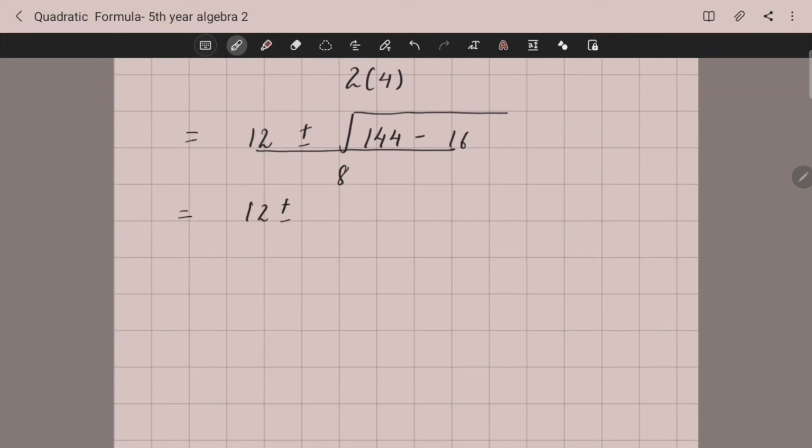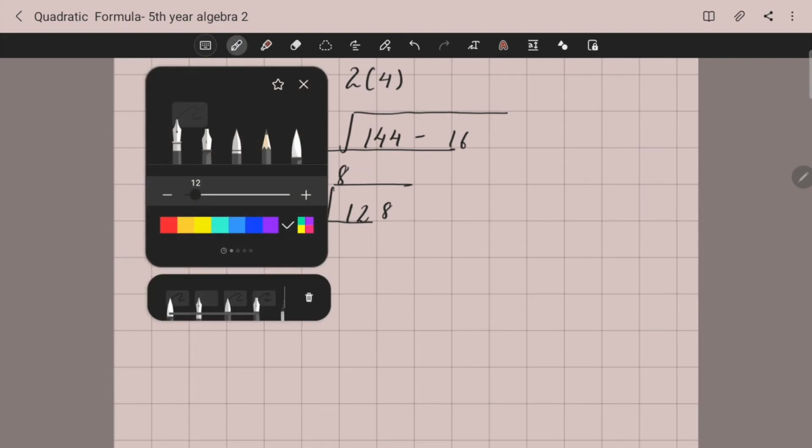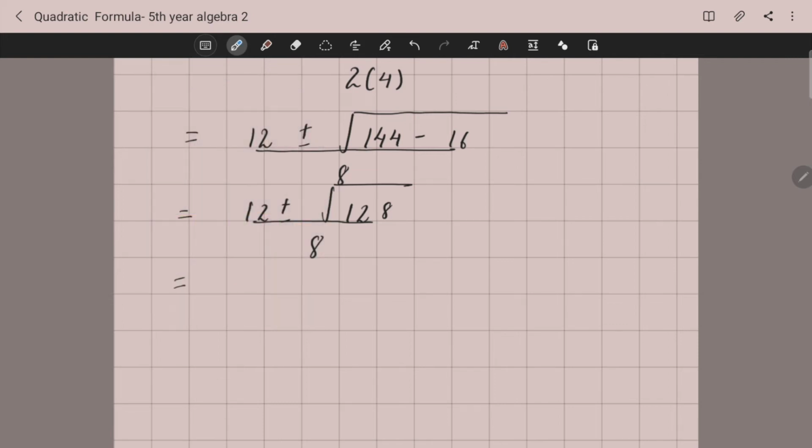After this we will solve this. Square root of 144 minus 16, 144 minus 16 is 128. Again we will solve the square root of 128. I'll show you how you will solve this.